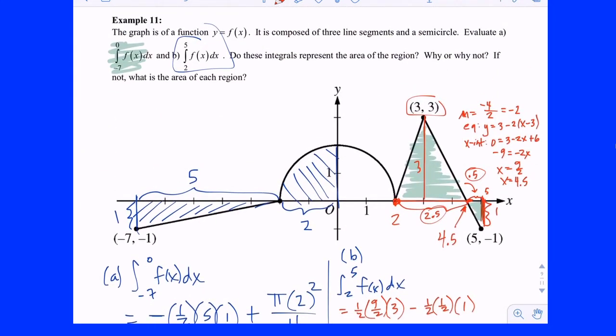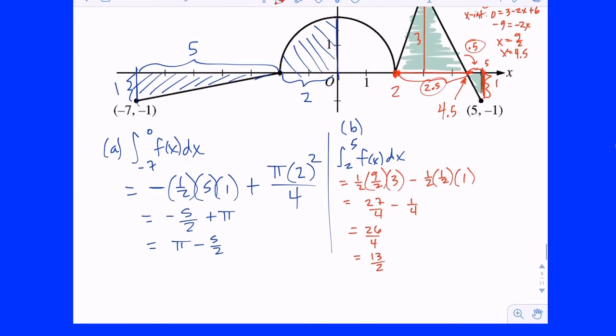The next thing, the follow-up question: do these integrals that we came up with represent the areas of the region? Why or why not? No. These cannot represent areas. Since what?